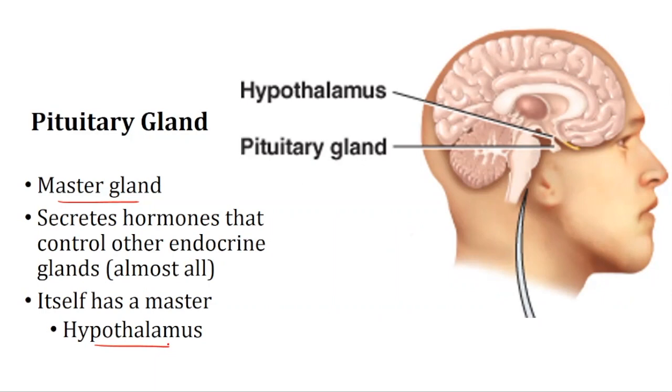Depending on what hormones hypothalamus produces, it's going to regulate the production of specific hormones in pituitary gland, which are in turn going to affect other endocrine glands. So in reality, hypothalamus is the real master, which is going to affect the pituitary gland.